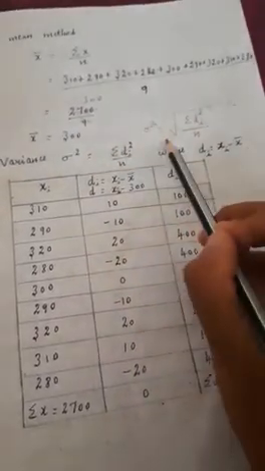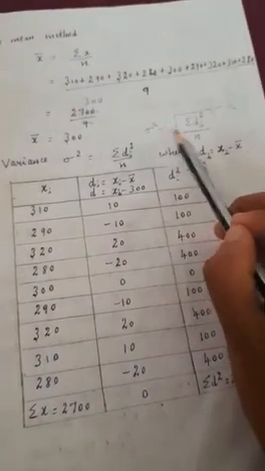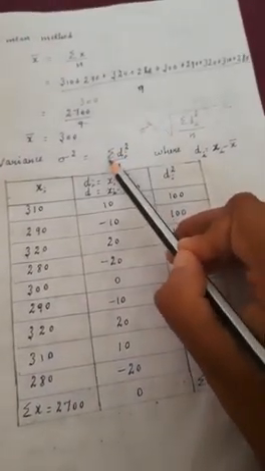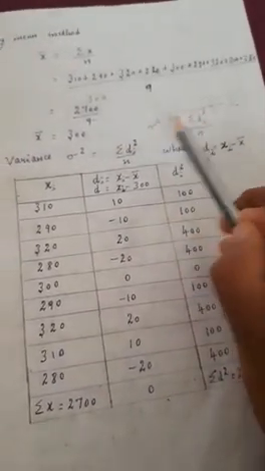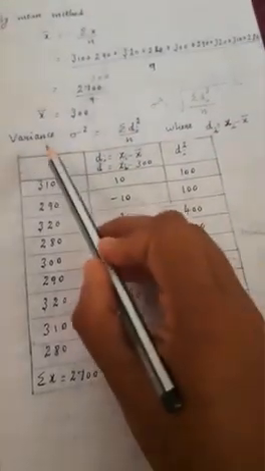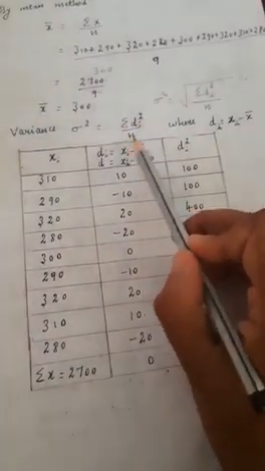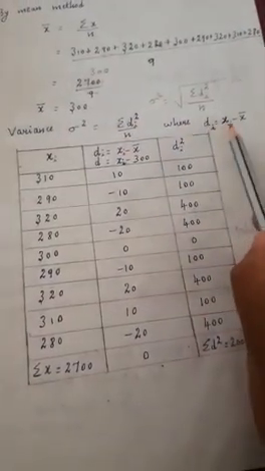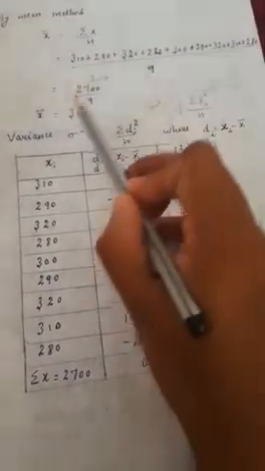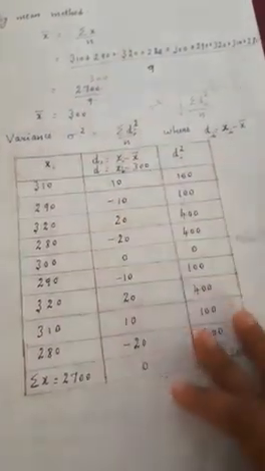So we only use the standard deviation formula for variance also, squaring the standard deviation. By the mean method, variance sigma square is equal to summation di square divided by n, where di is xi minus x bar. We already have x bar equal to 300.